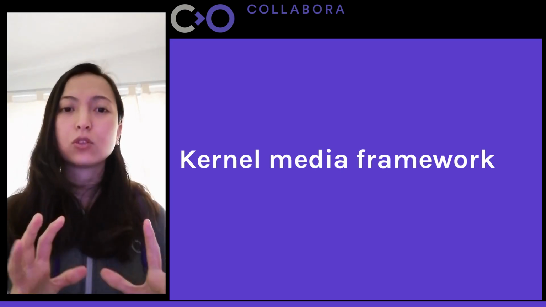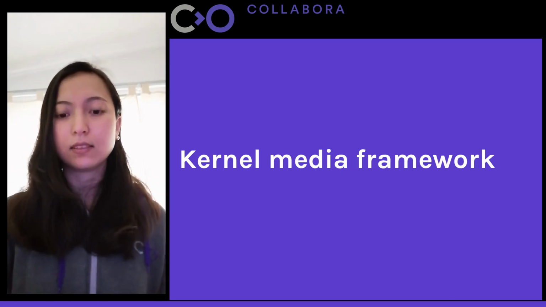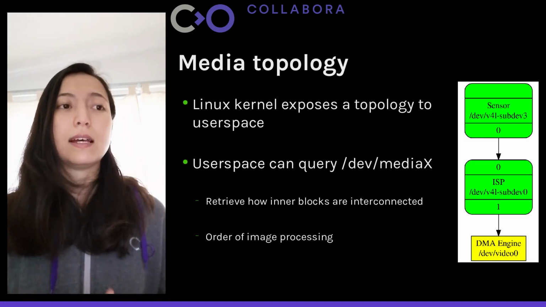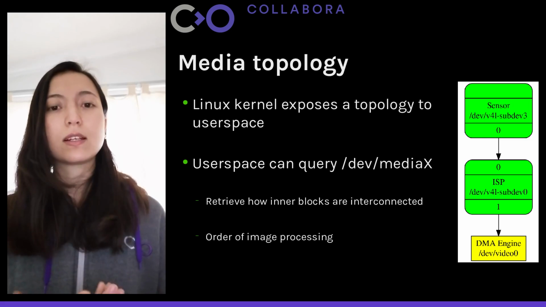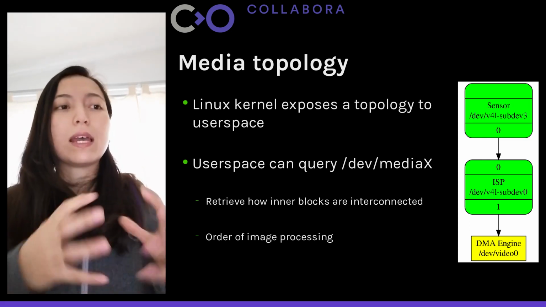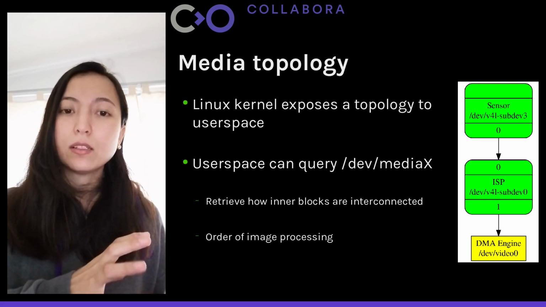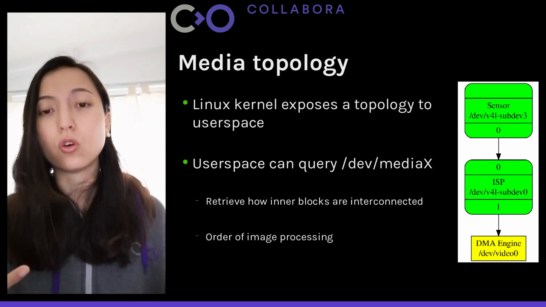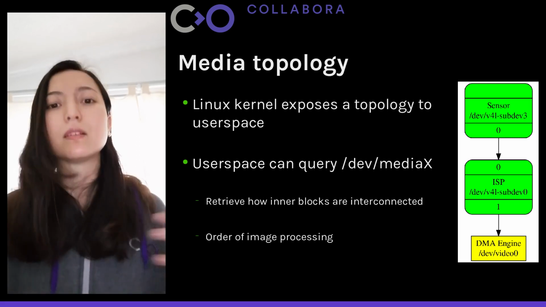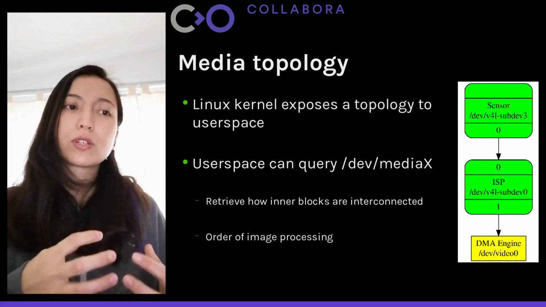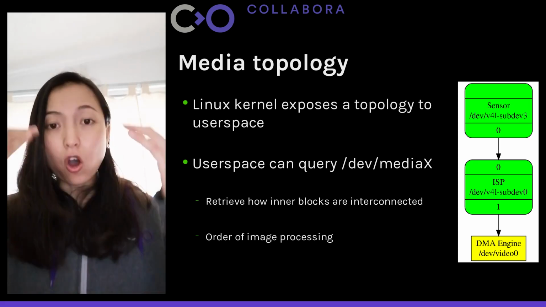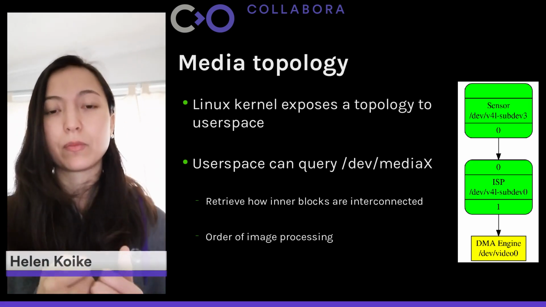Now let's take a look at the kernel side, the media framework. In the Linux kernel, in the media framework, there is this concept that we call topology. So user space can query a node inside DevFS, let's say /dev/media X, to retrieve how the inner blocks of the hardware are interconnected and the order of the image processing.